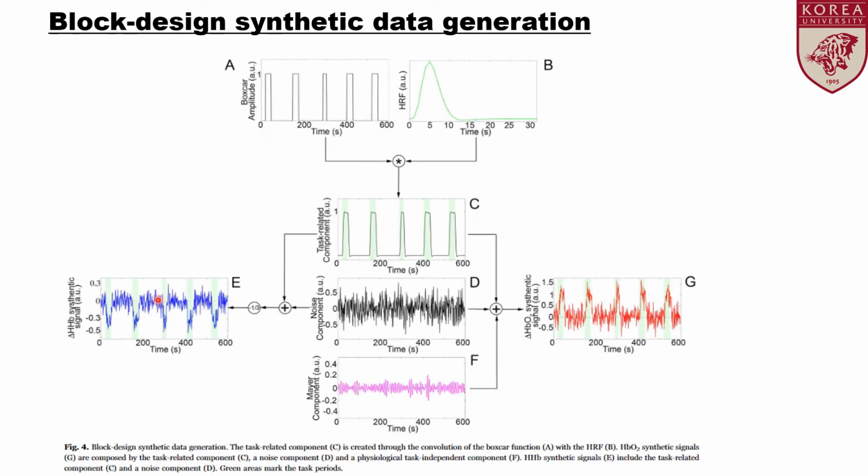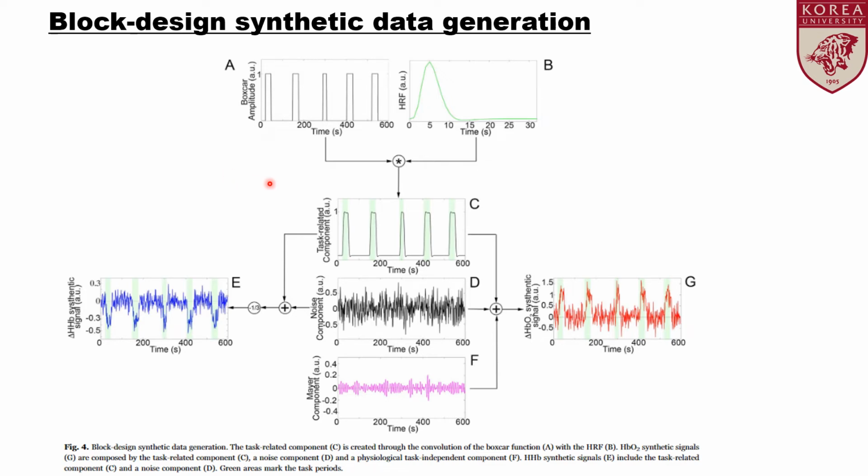Here in this slide, we can see the time course simulating a block design or an event-related design experiment. For all the simulated experiments, oxy and deoxy synthetic time courses can be set at any sampling rate, and duration time can be taken according to the experimental time.